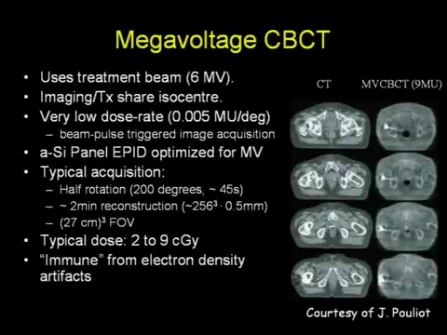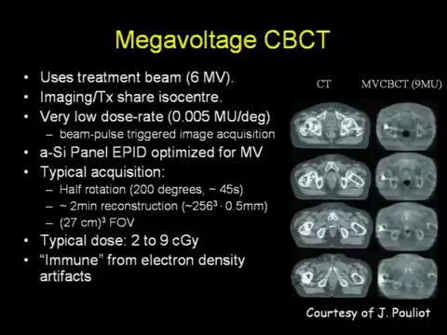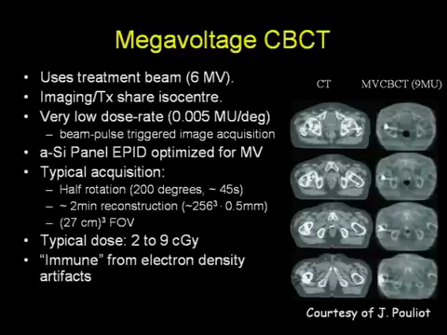There's also the Megavoltage cone beam CT variant that uses the portal imaging system in combination with the treatment beam in order to reconstruct volumetric information using the treatment beam. The beauty of this system is that the imaging and treatment beams share the exact same isocenter.